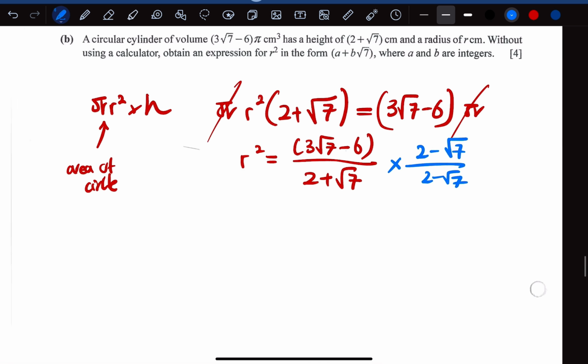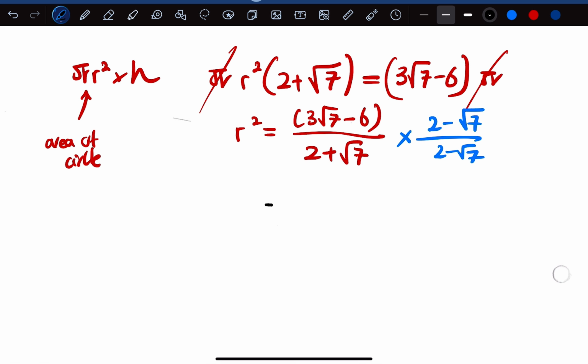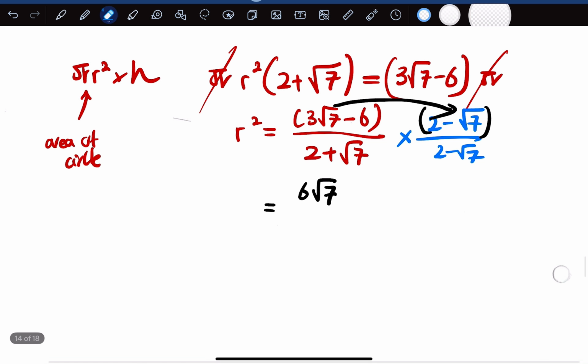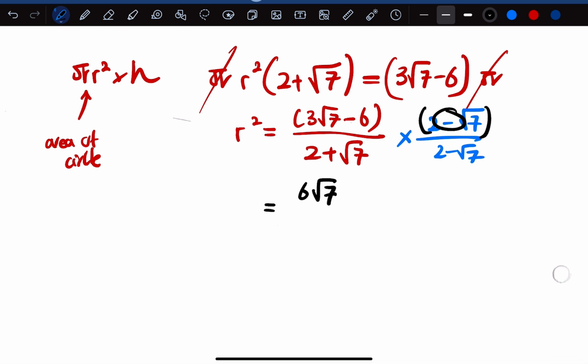Very nice conjugate from here. At my numerator, I need to be careful, the whole thing multiplies in. So 2 times this, 3 root 7 times 2, I basically get 6 root 7. Next one, 3 root 7 times root 7, and there's a minus out here, so it's going to be minus 3 times 7. Continuing on, negative 6 times 2, I get minus 12.